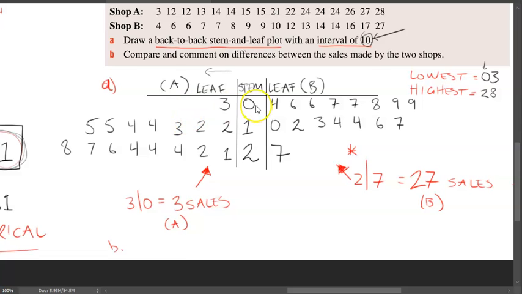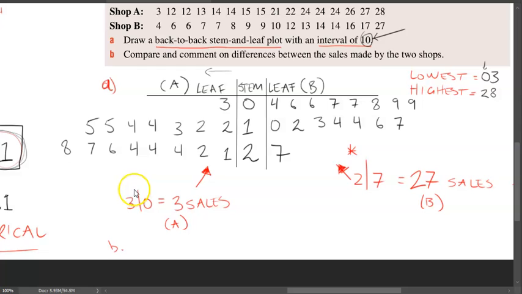But what I can say, very basically, is that shop A had the most sales. Comparatively speaking, the most sales for shop B was 27 and for shop A is 28. So the most sales between both shops is shop A with 28 sales.